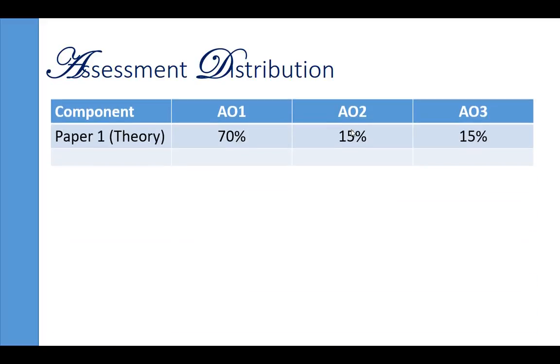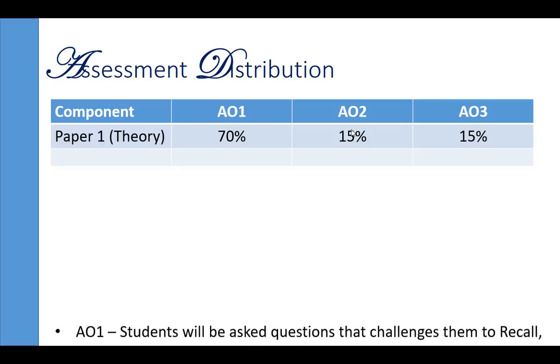Right, so let's look at the assessment distribution for an IGCSE theory paper. The paper usually is broken down into assessment objective 1, assessment objective 2, and assessment objective 3, and for the theory paper you have 70%, 15%, and 15%. So what do these figures mean?